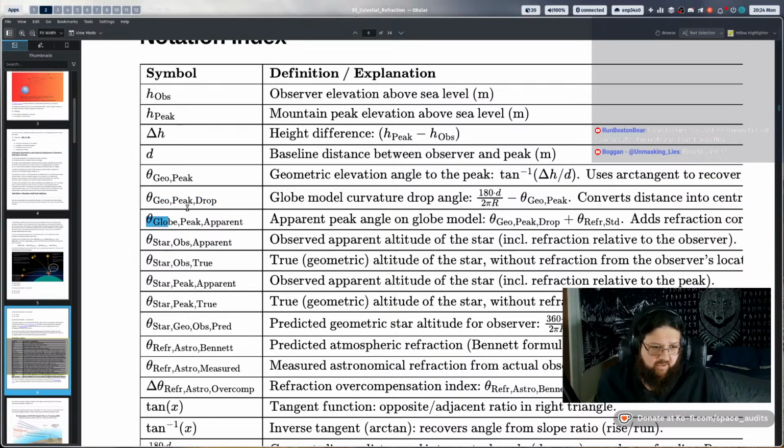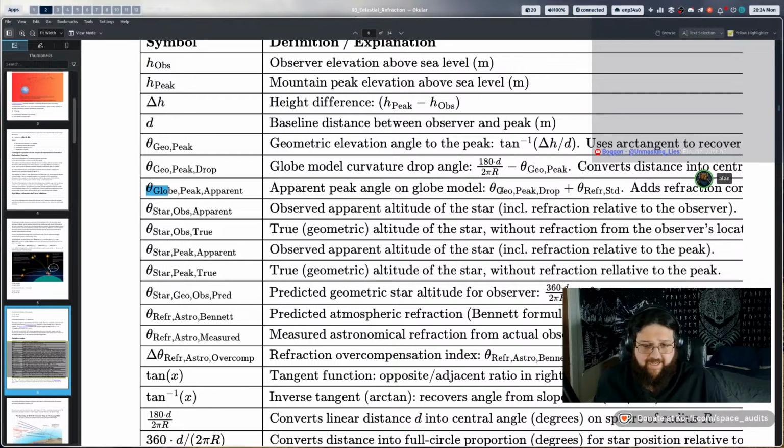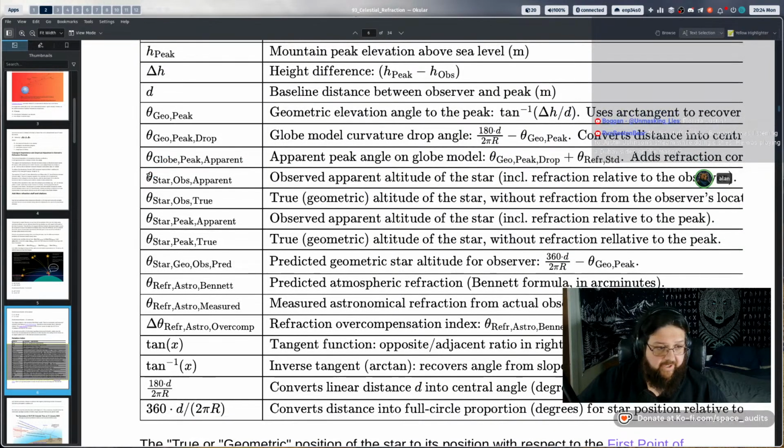Let's see, there's globe peak apparent, which is adding standard refraction to the peak drop, which will be useful for the analysis when we go over John's diagram. We have the star observer apparent, which represents the star's position with refraction applied. The true position for the observer, so that's the star's position with no refraction with respect to the observer.